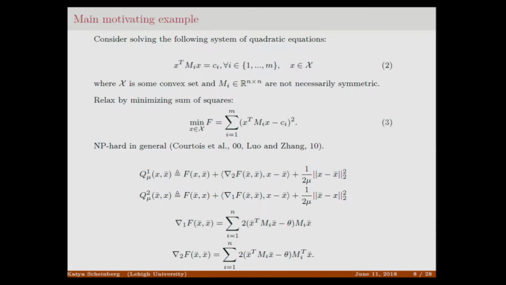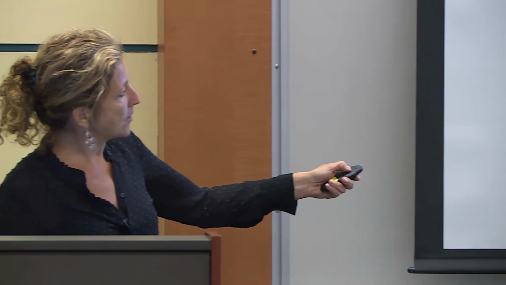And this is the form of the gradient. And they're very similar, except for m here is present as transpose or not. OK? So essentially, the point is that taking these approximations allows us to approximate the original function by very simple quadratic ones. And there is a nice structure that can be preserved also in this approximation.